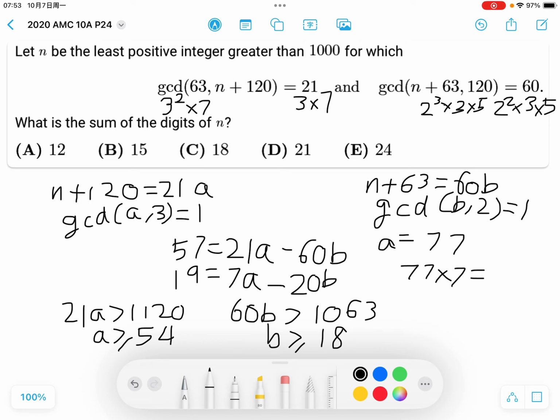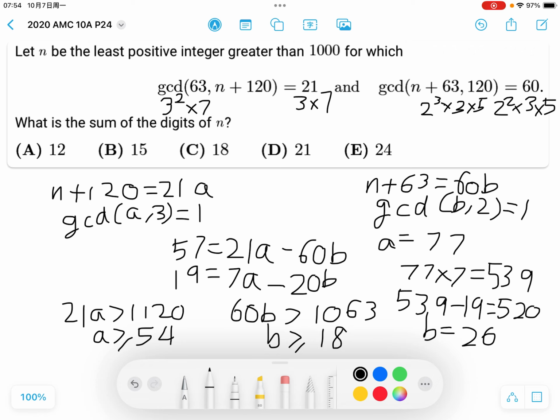I don't know why I wrote 9. Okay, so 7 times 7 is 49, plus 4, which is 53. So 539 minus 19 is 520. So B is 520 divided by 20, which is therefore 26.